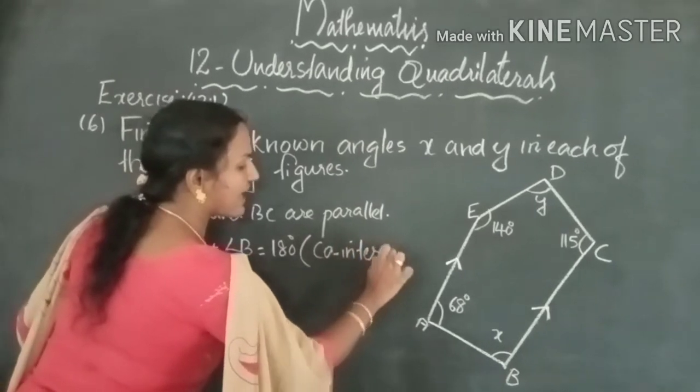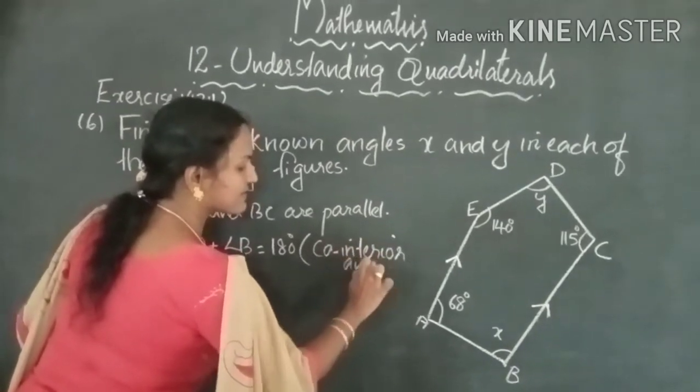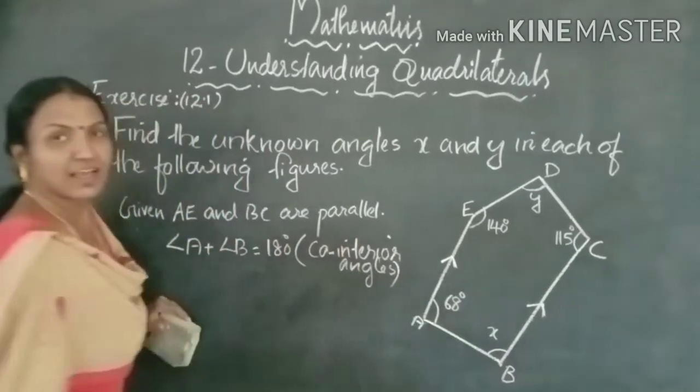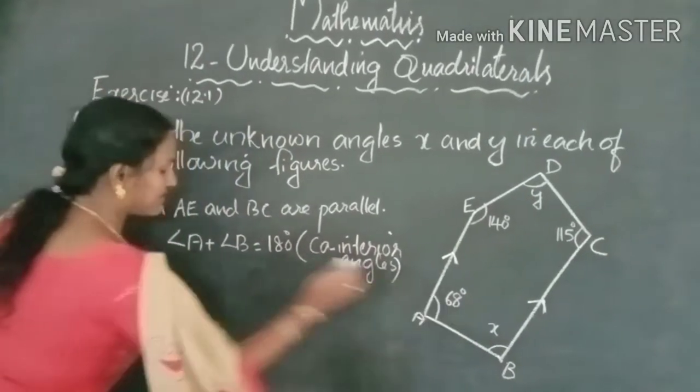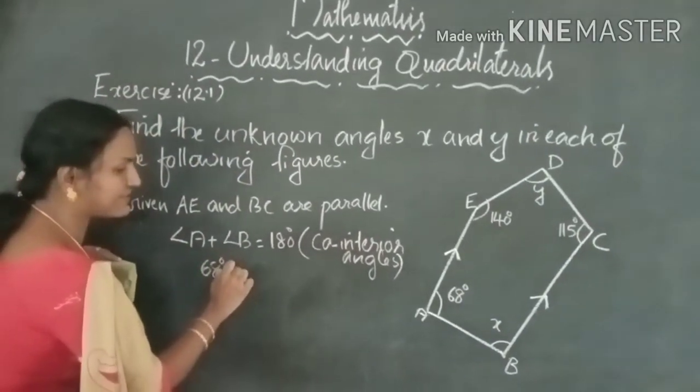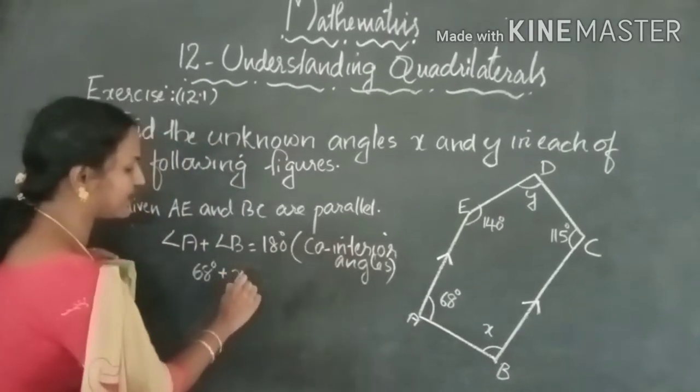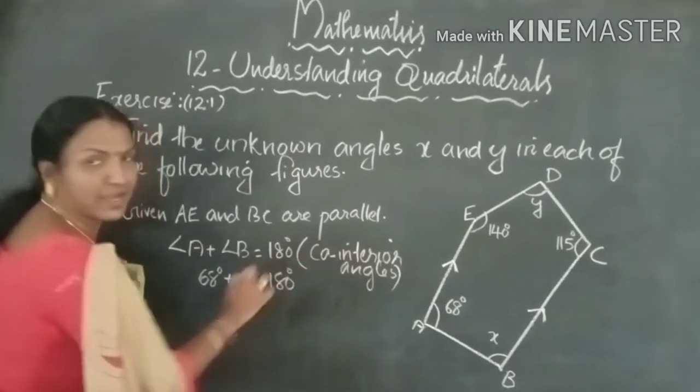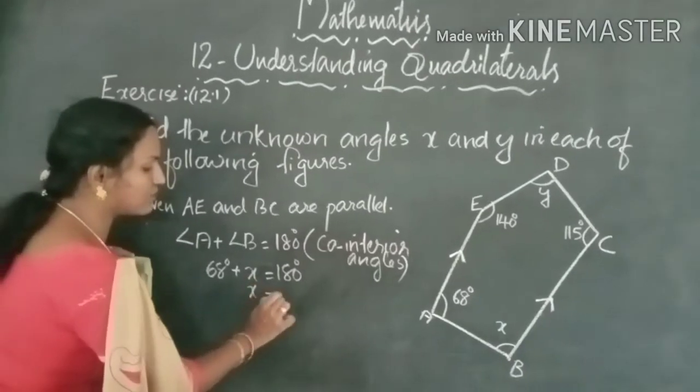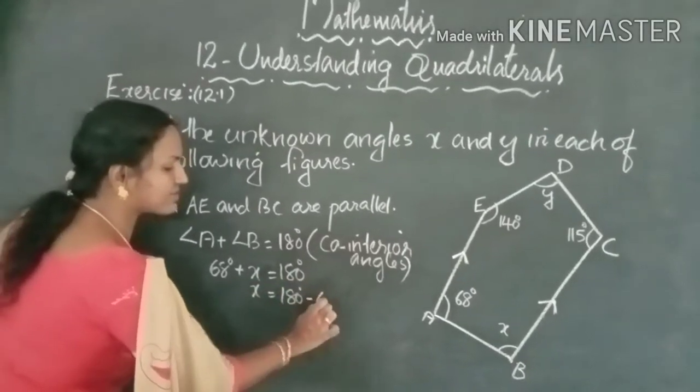Co-interior angles. Angle A is 68, and angle B is x. So 68 plus x is equal to 180 degrees. So x is equal to 180 minus 68.